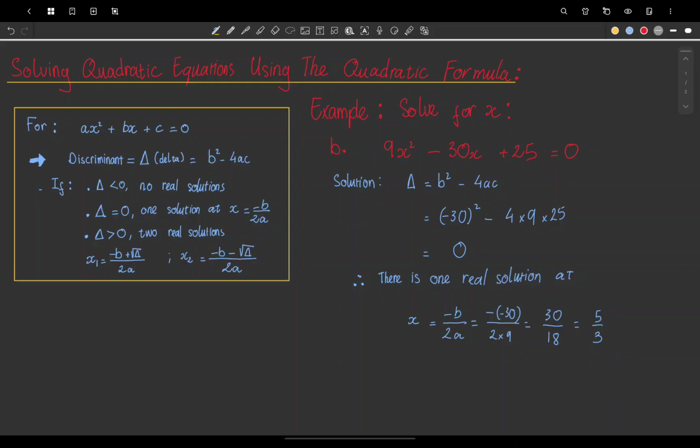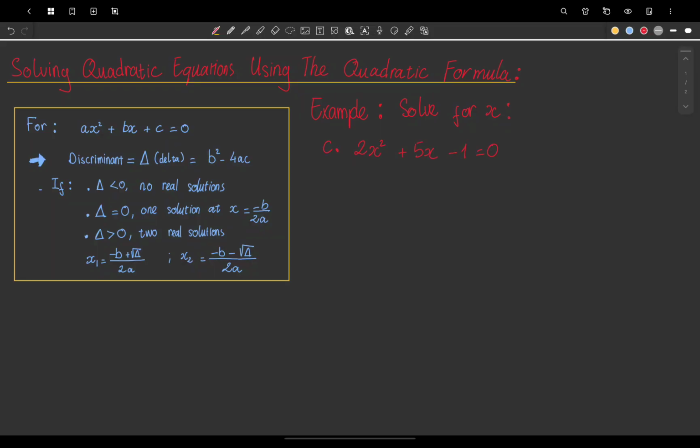Let's go ahead and try some other example. Alright, so here I have another example: 2x squared plus 5x minus 1 equal to 0. Now we try to solve for x. The first thing we do is determine the discriminant, just to see how many different solutions we have. So the discriminant is once again equal to b squared minus 4ac.